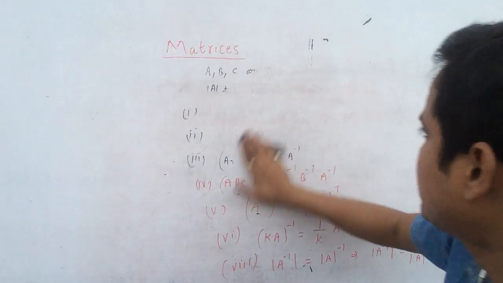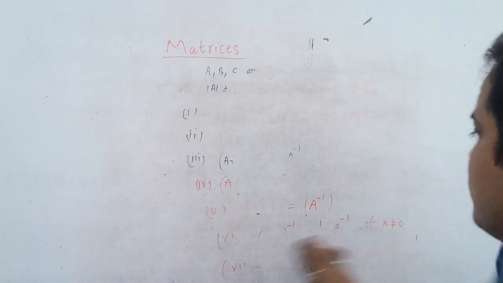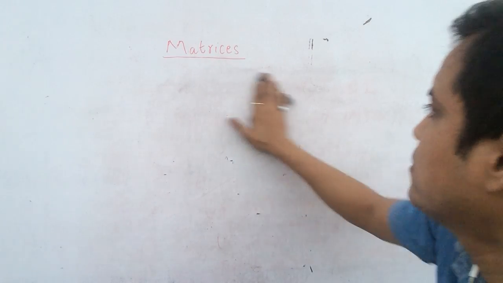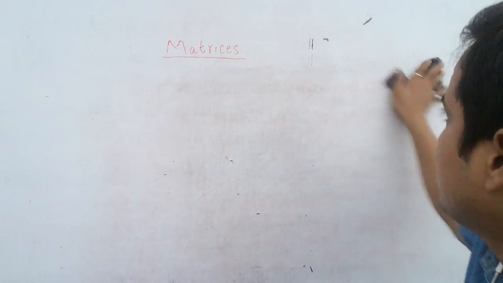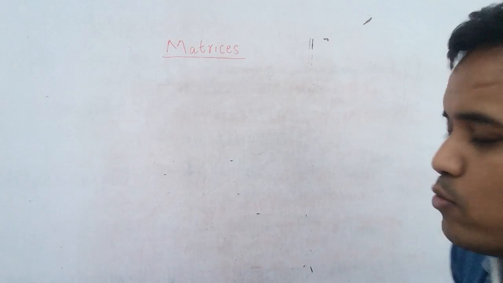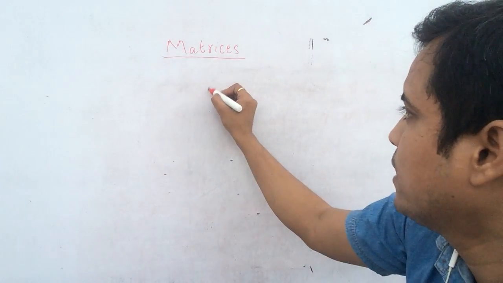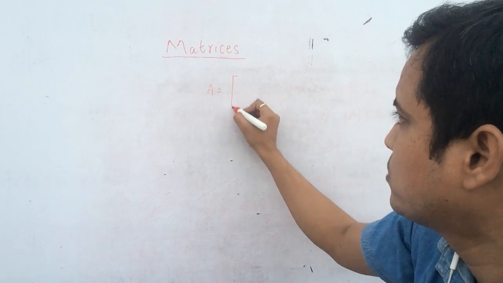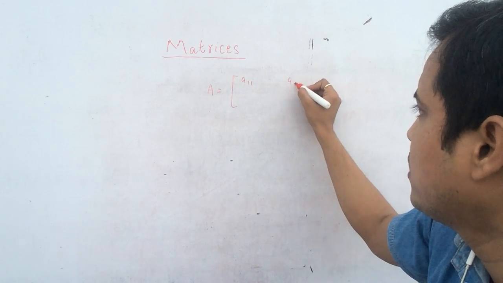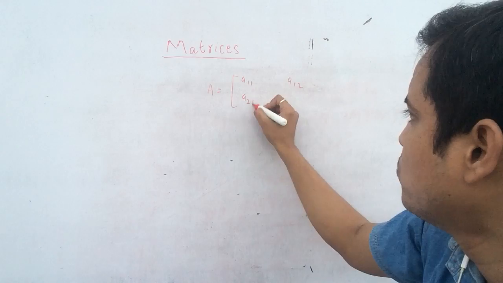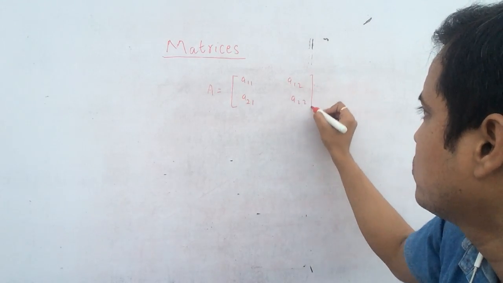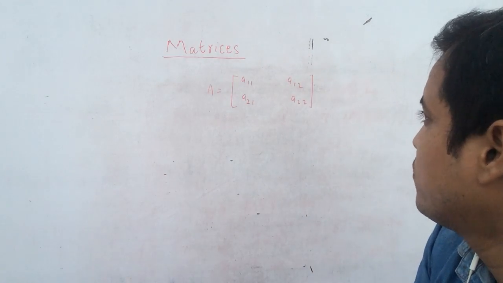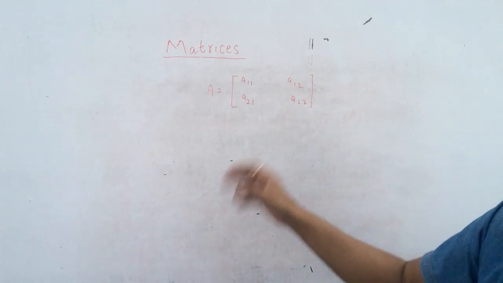How would you find the inverse, and how can you find the adjoint in a quick way? First let's learn how you can find the adjoint of a 2 cross 2 matrix. Suppose A is A11, A12, A21, A22. If you want to find the inverse, then it should be non-singular.